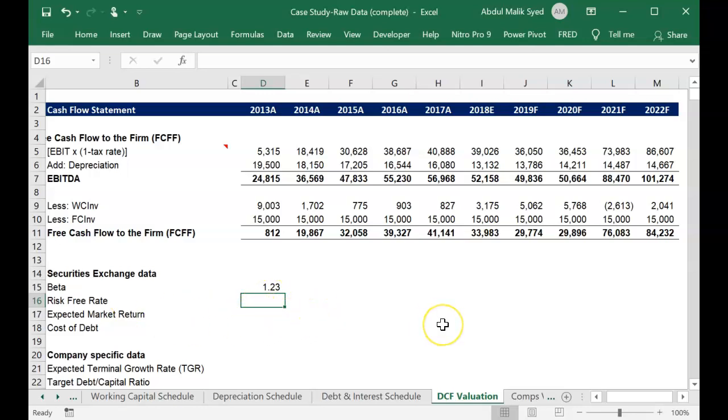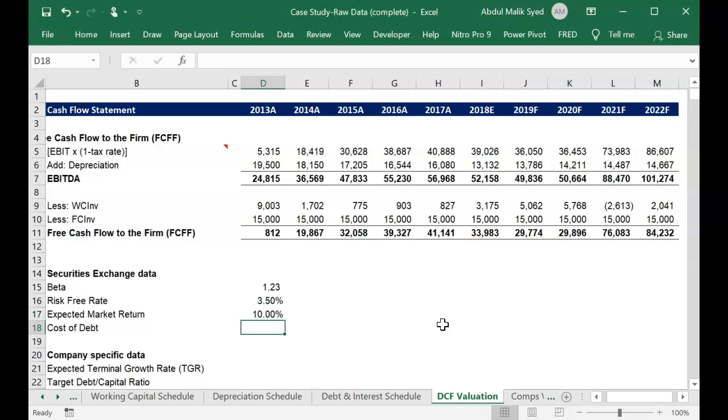Risk-free rate we are going to take, as we discussed in the theoretical background, the long-term treasury bill. So let's assume that it is 3.5%. Okay. Expected market return, we assume it to be say 10%. Okay.